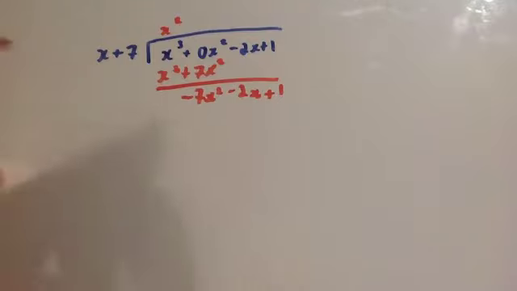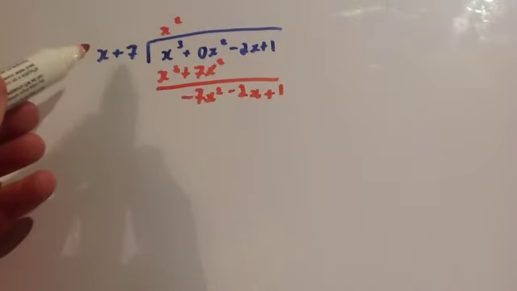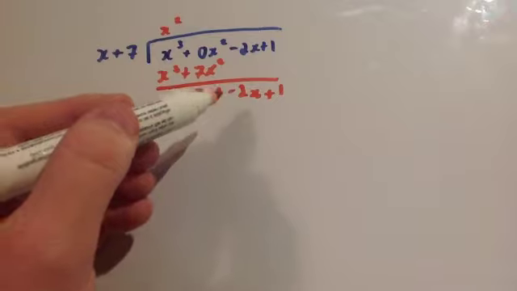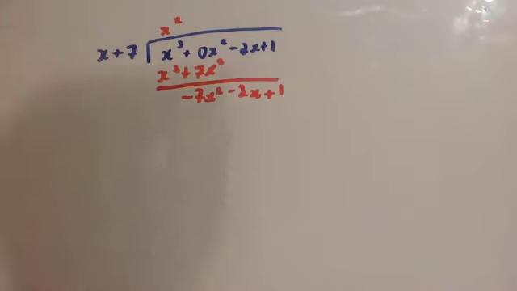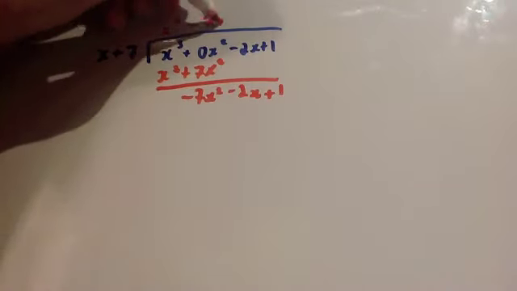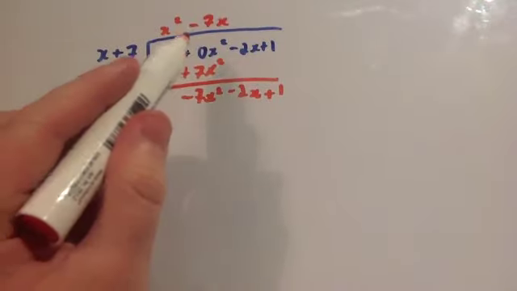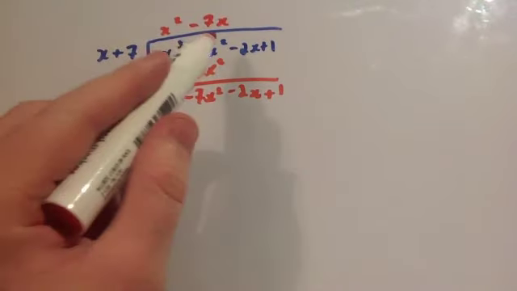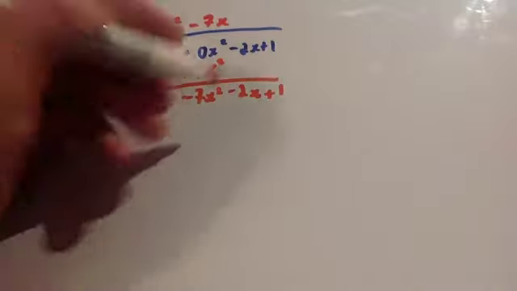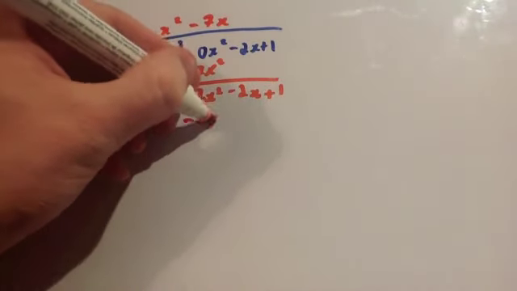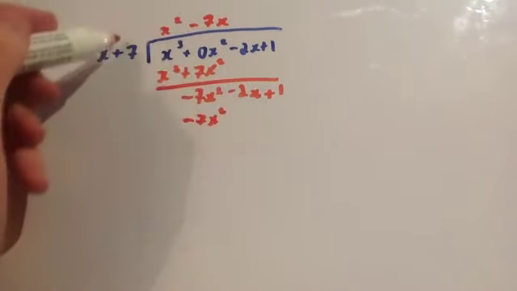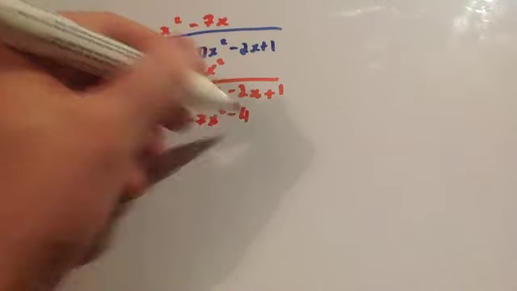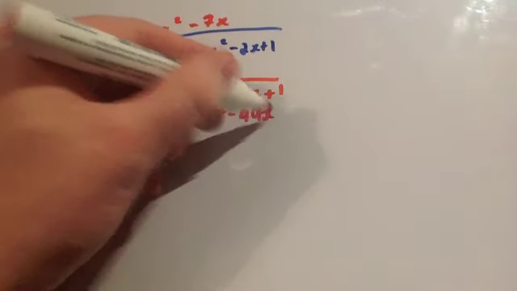Okay? Again, you divide this first term by the x, so minus 7x squared divided by x would be minus 7x. Now you're going to do minus 7x times x, which is minus 7x squared, and minus 7x times 7 would be minus 49x.